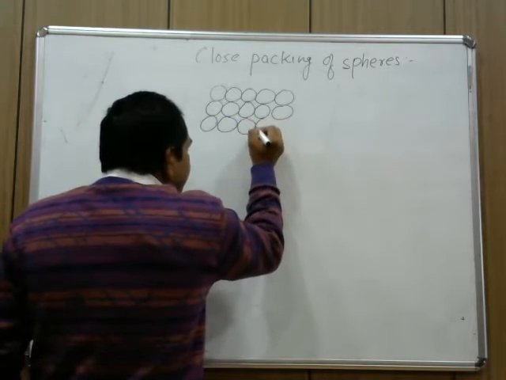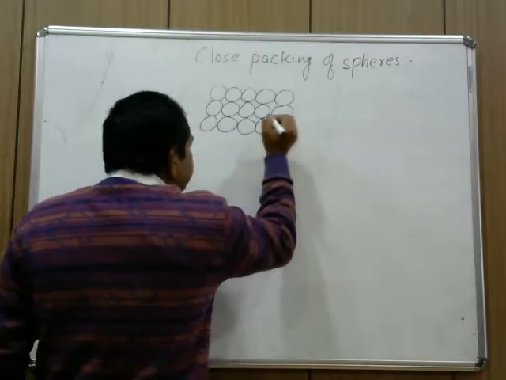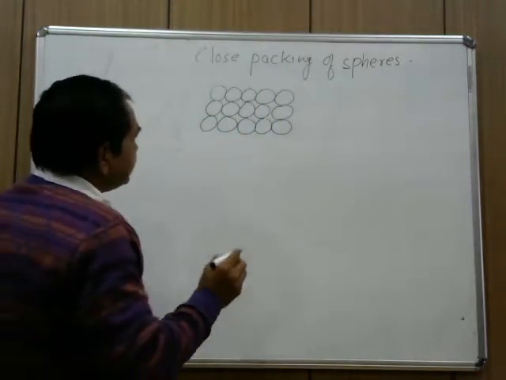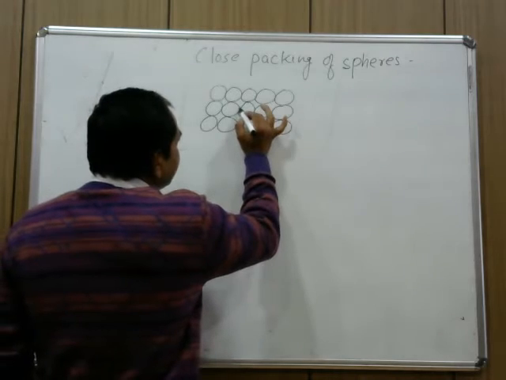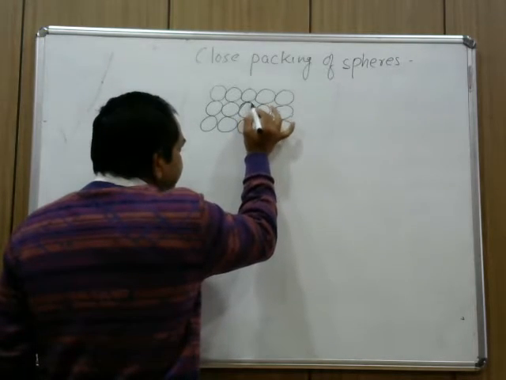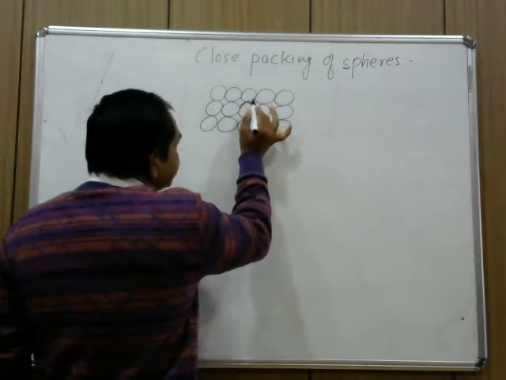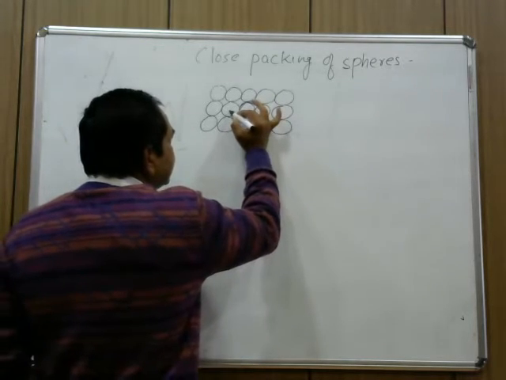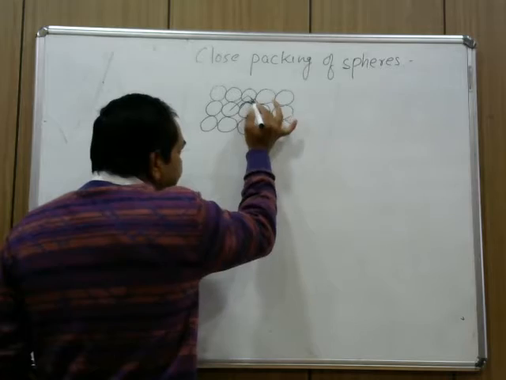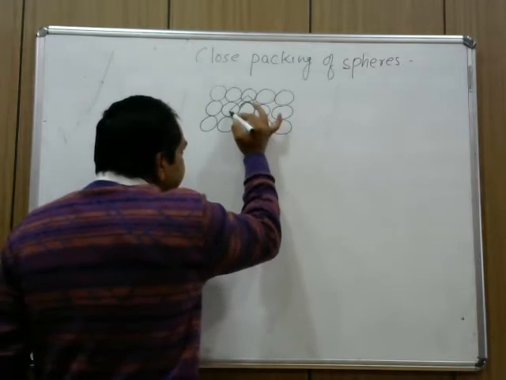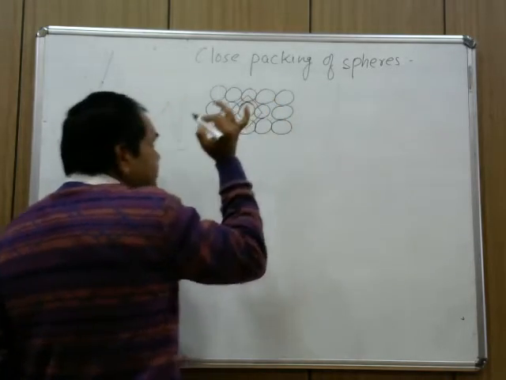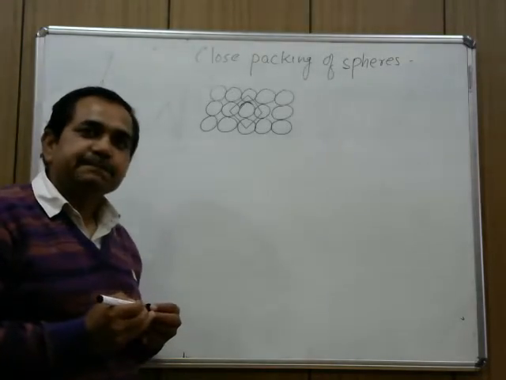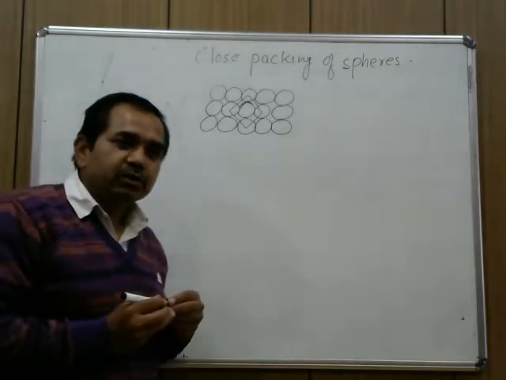All spheres are properly aligned with each other, and any sphere is touching four different spheres, 1, 2, 3 and 4. When their centers are joined in this way, a square is formed. Thereby this packing is called square close packing.